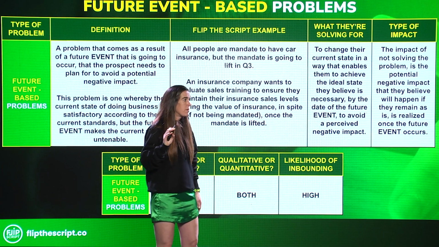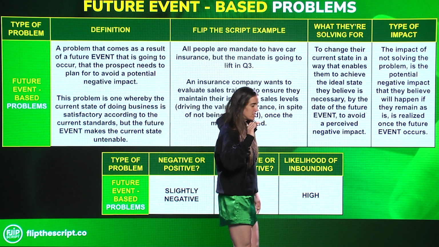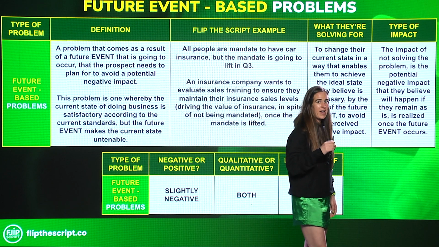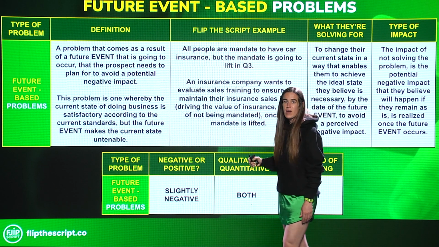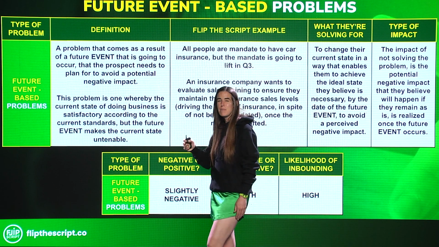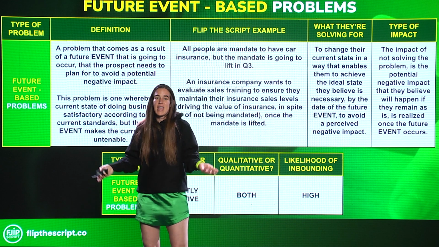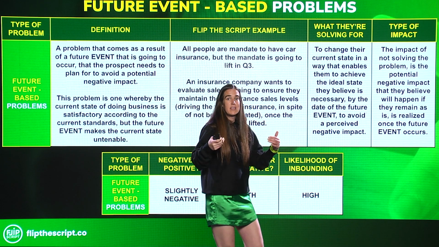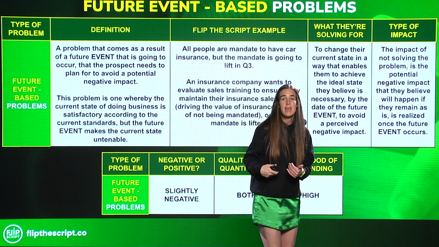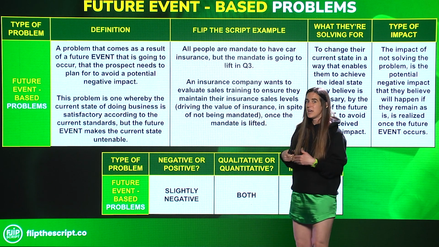So this is a problem where you have a future event that is 100% going to happen, that leads the prospect to believe that there potentially might be a negative impact if they stay as is. So very similar to a future metric. It's just that this is a future event that's going to happen that makes their current state untenable.